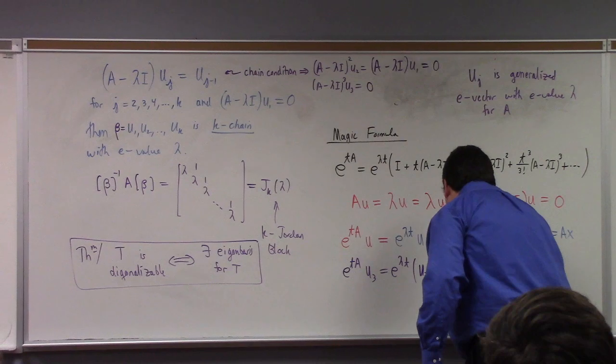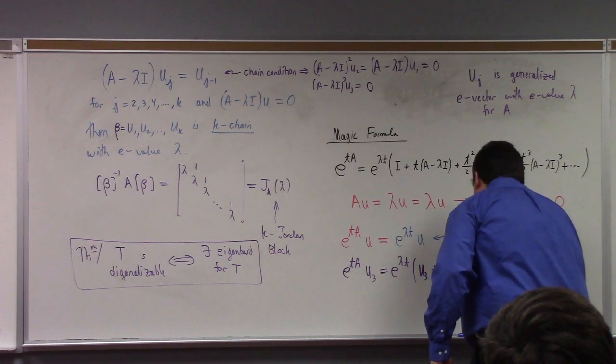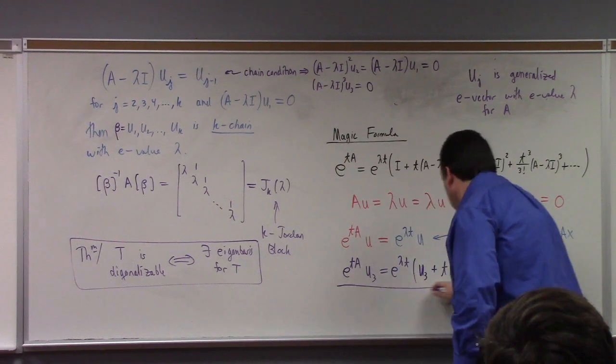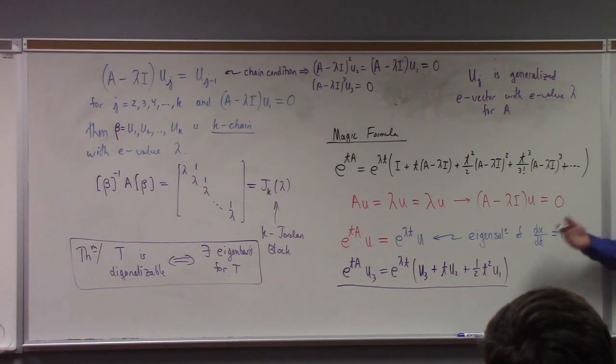And if you work it out, you get 1/2 t squared times U1. Now that is something that you can't get from the eigenvectors. So the generalized eigenvectors end up giving you solutions to the differential equation which involve exponentials times t or t squared if there happen to be repeated eigenvalues.